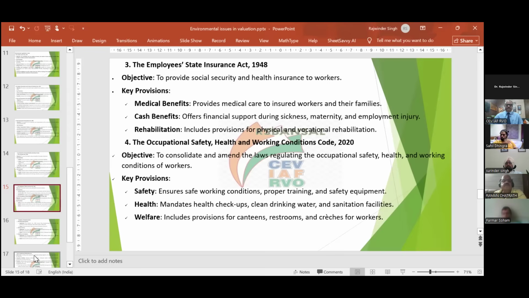Key provisions of this act: safety, meaning it ensures safe working conditions, proper training, and safety equipment. Health, it mandates regular health checkups of the workers, clean drinking water, and sanitation facilities for them. Then welfare, it includes provisions for canteens, restrooms, and crèches for the workers.